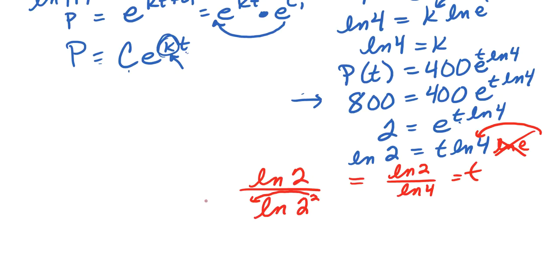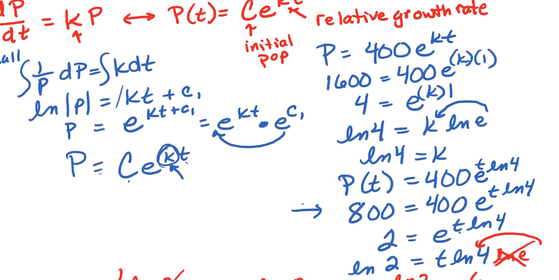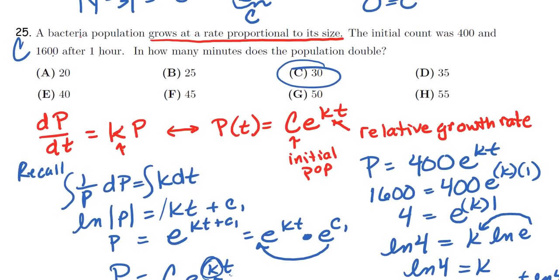So only because we could rewrite this denominator as 2 ln of 2. So this is where we would come up with 1/2 hour if we did this the longer method. Okay, but if you had powers, simple powers, you could do that multiple choice question fairly quickly. So I just wanted to use that as a chance to review relative growth rates.